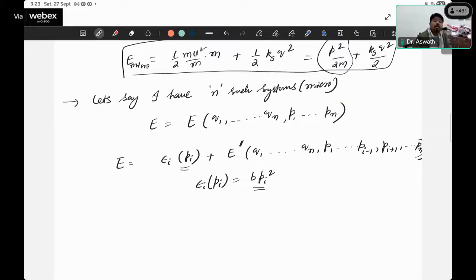So here, luckily for me, there is a probability distribution. Using the probability distribution, I can find the average. How do I do it?